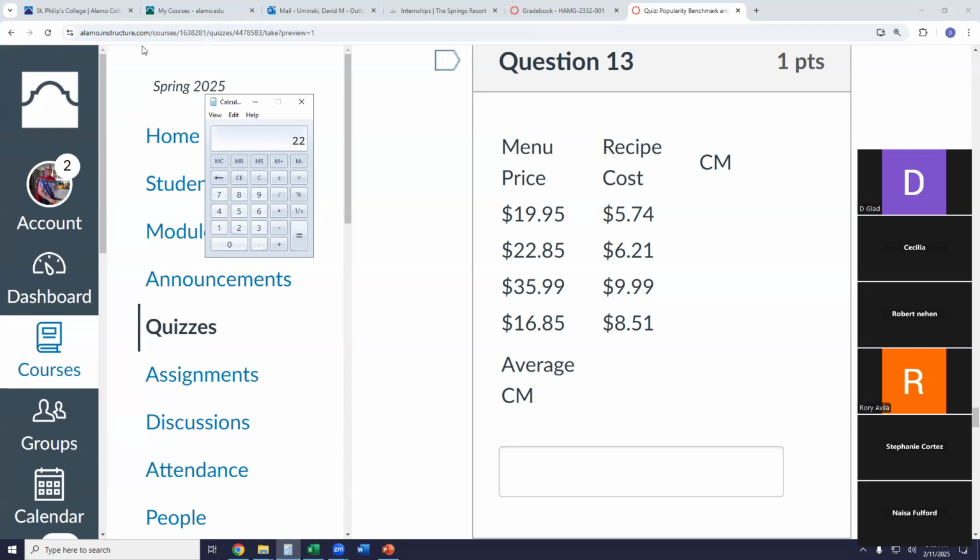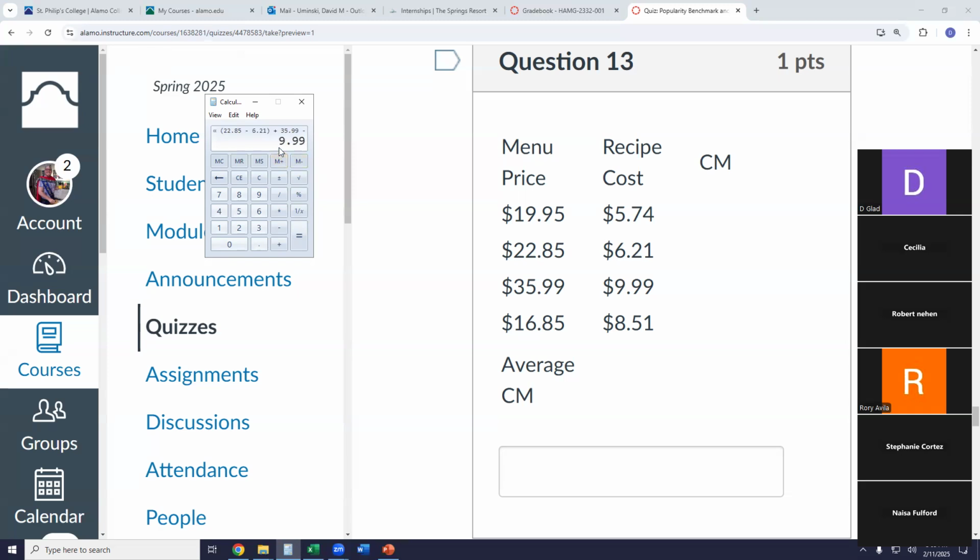I'm going to try this: 1995 minus 574, plus 2285 minus 621, plus 3599 minus 999.